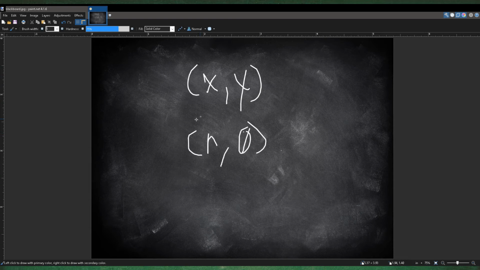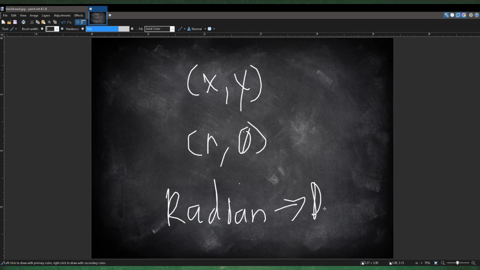We also learned how to write radius theta in different ways, plus 360 and minus 360, or if it was a negative radius. And we also learned the idea of radians instead of degrees, so now we can convert between radians and degrees. And we also learned about the unit circle.